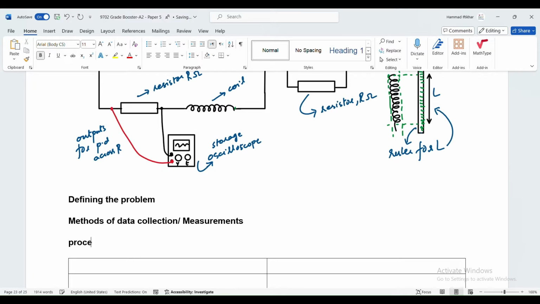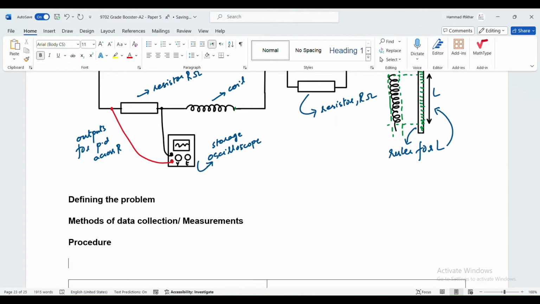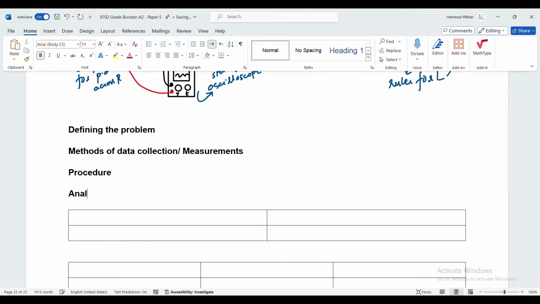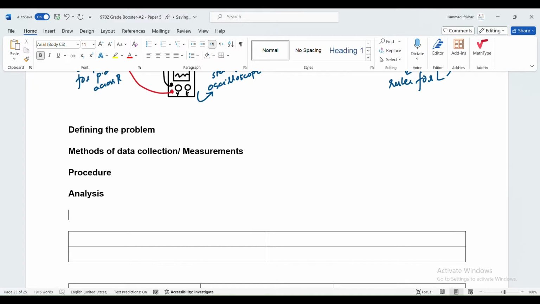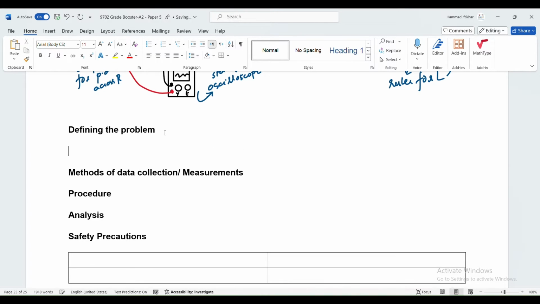Then we will need the procedure or methodology, basically, analysis, and finally safety precautions.